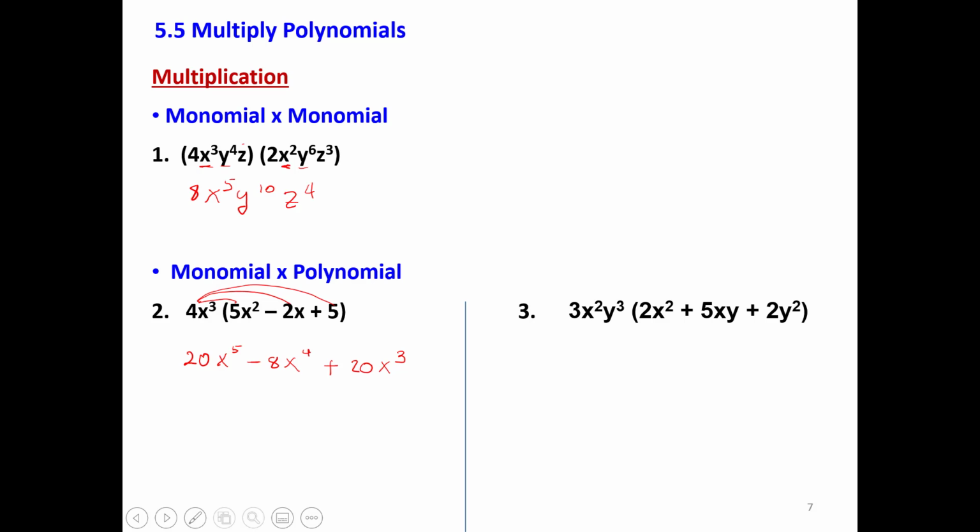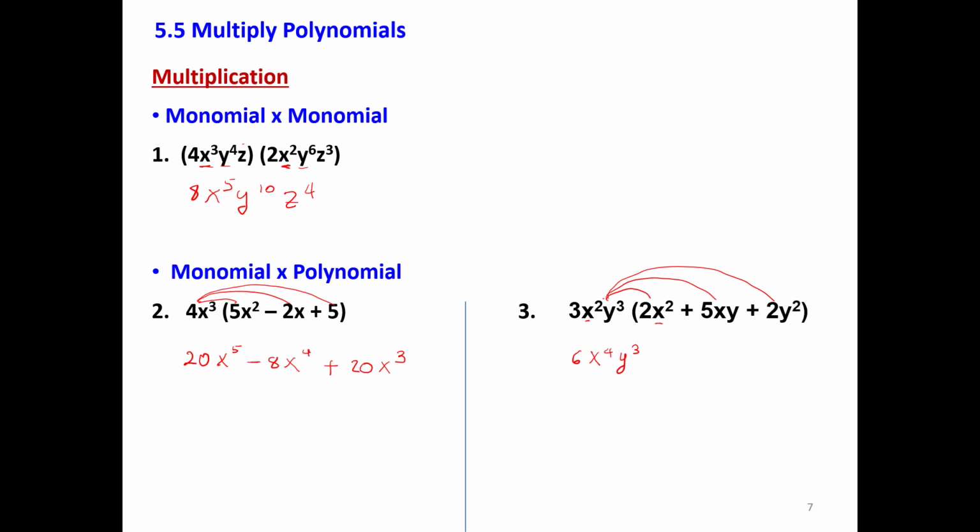Then we need to distribute, multiply with this number, distribute the 3x to the 2nd, y to the 3rd through the parentheses. Then first multiply the numbers. 3 times 2 is 6. x, we have x here, same base, we add the exponents. 2 plus 2 is 4. Because there is no y, we'll just have y to the 3rd.